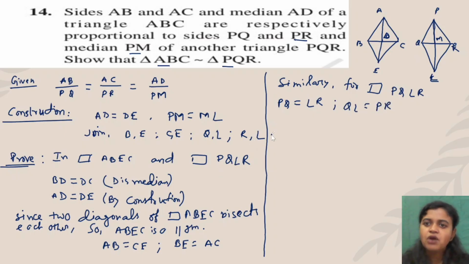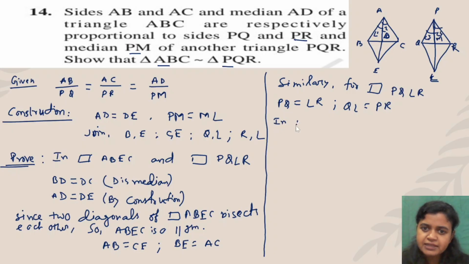Now we have to prove triangle ABE is similar to triangle PQL. We have to prove that angle A equals angle P. So we write angle 1, angle 2, angle 3 and angle 4.